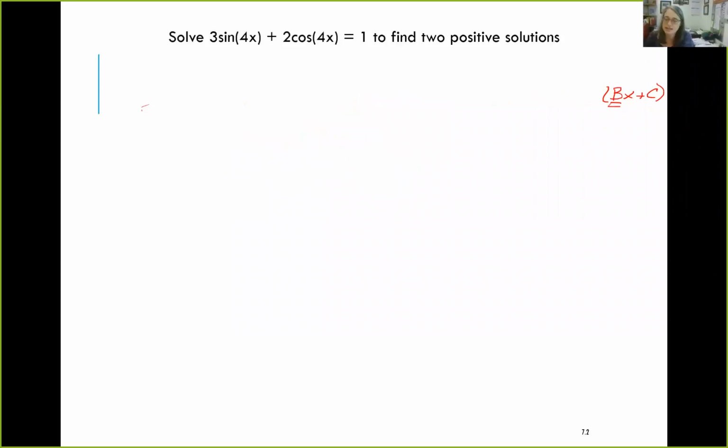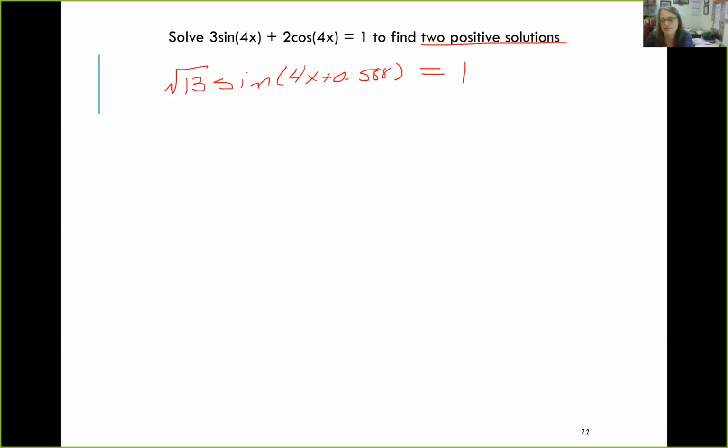And again, this is why we want to do this. This is the same function we were working with before, the one that comes to the square root of 13 times the sine of 4x plus 0.588. But now we want to find the first two positive x's where that equals 1.